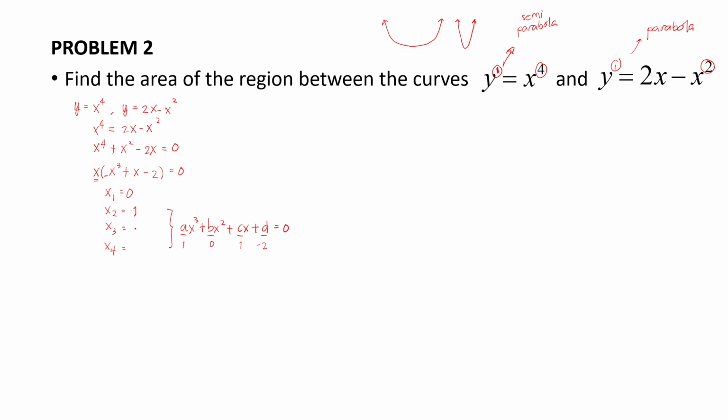So 1 and then imaginary, right? Okay, so that would be the answer. Regardless of the imaginary concept, we're just going to deal with 0 and 1 because that is what we need for creating the graph.